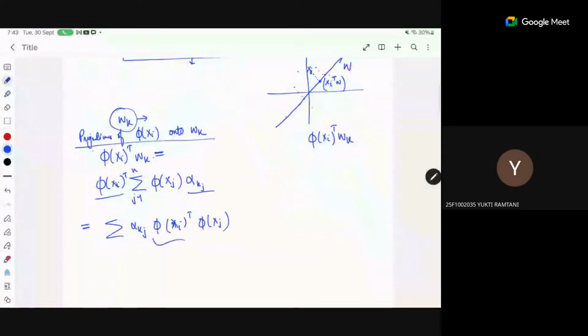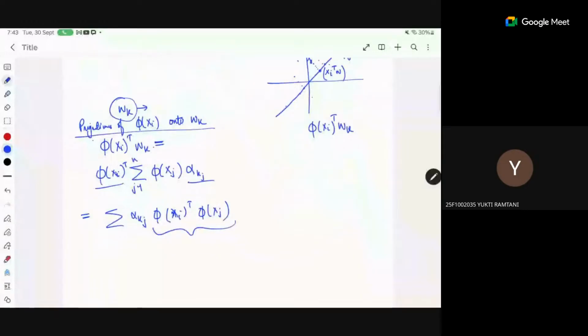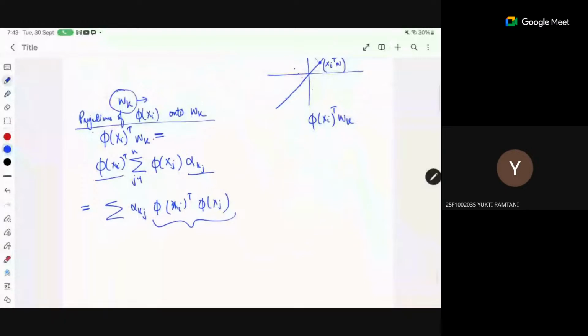Remember, this phi of xi transpose phi of xj is something we were able to find, and this was nothing but k of xi comma xj. So the projection of my data point onto the principal component wk turns out to be the sum over alpha kj times k of xi comma xj.